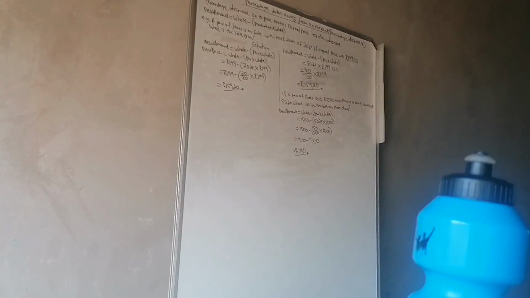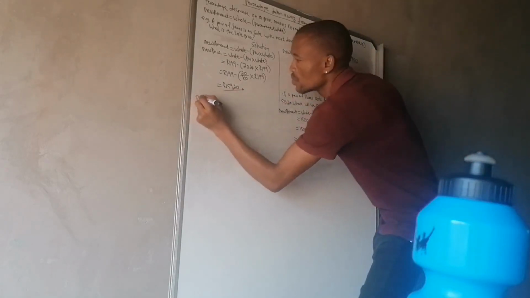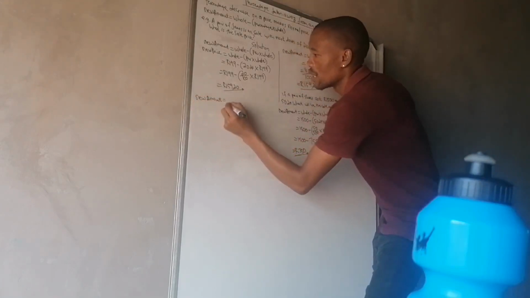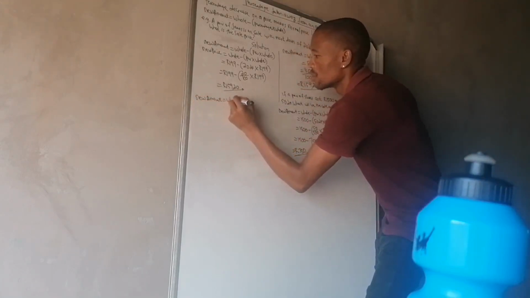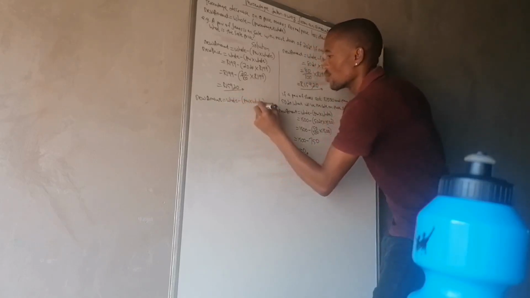That is method 1. Now method 2 for the new amount: it equals whole minus percentage times a whole.